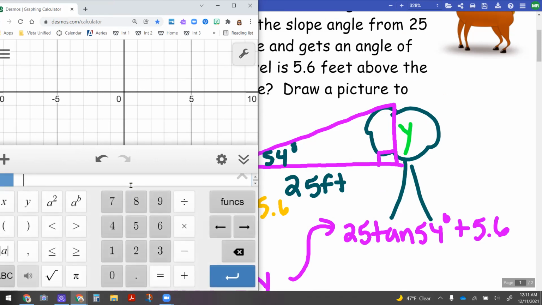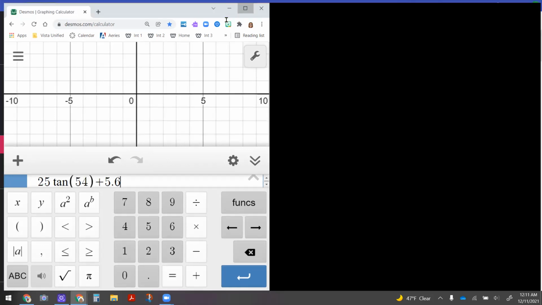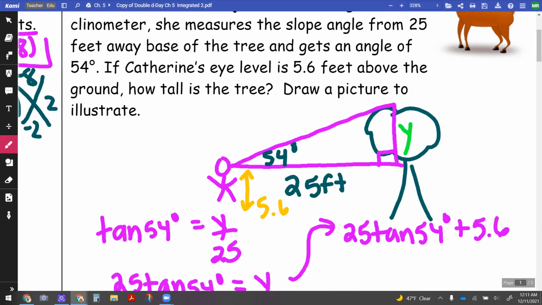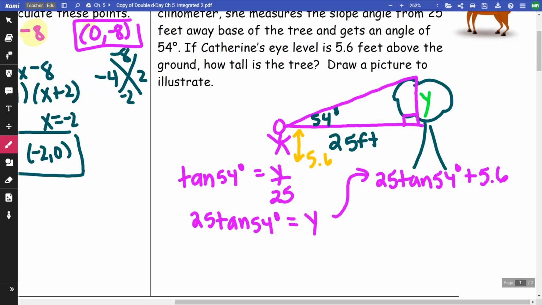So I'm going to be doing 25 tangent of 54 degrees. And then I'm going to add 5.6 onto that. And that is going to give me about 40 as our final answer. So about 40 feet.